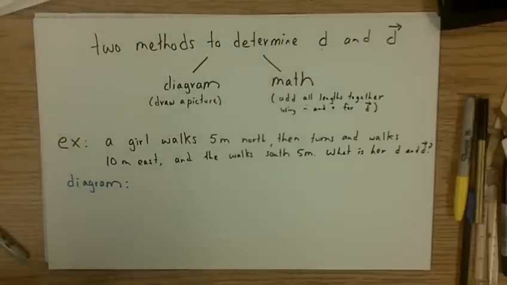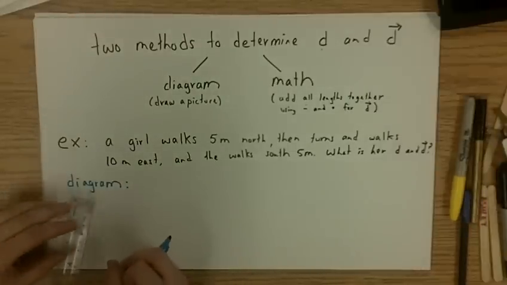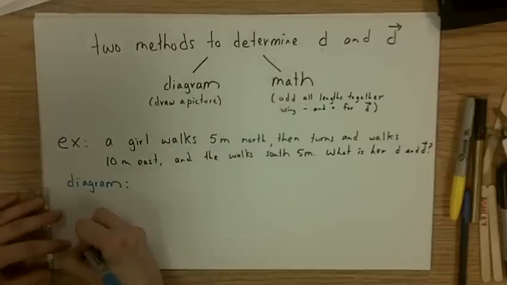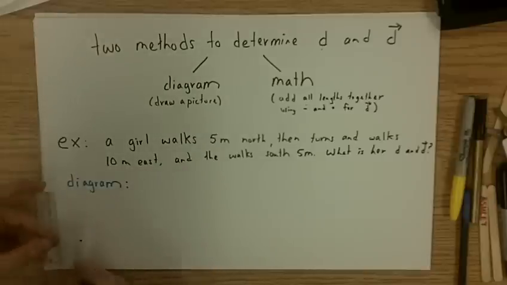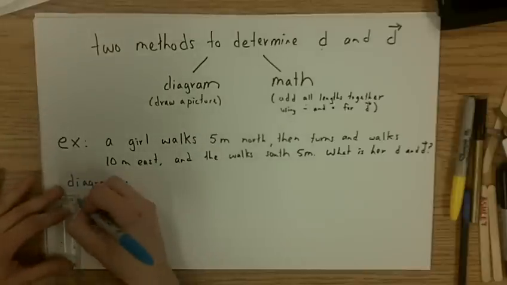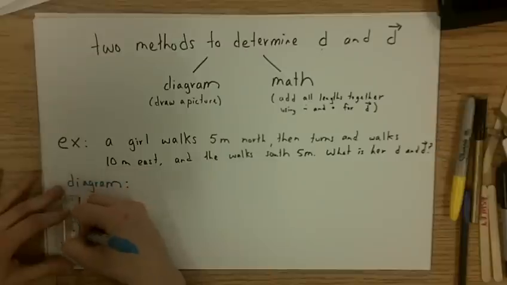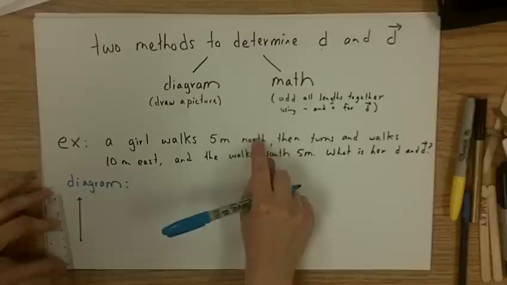In the diagram method, we draw a picture. It can help sometimes to use a ruler to make exact measurements. So I'll start the girl here, and I'll use my ruler, calling a centimeter about a meter. So I'll use a scale. I'm going to have her travel 5 centimeters north to represent 5 meters north.